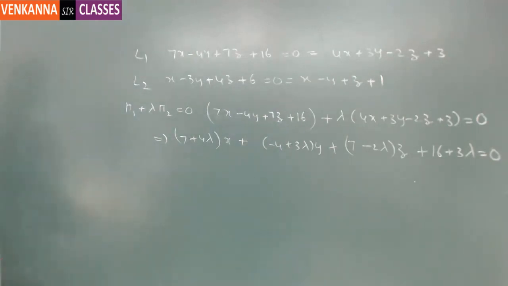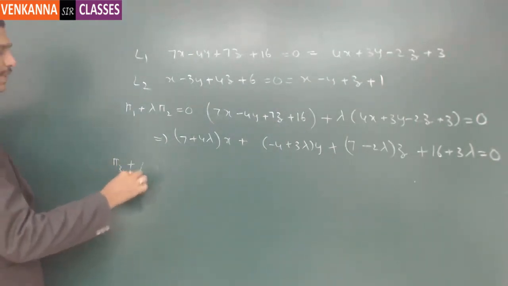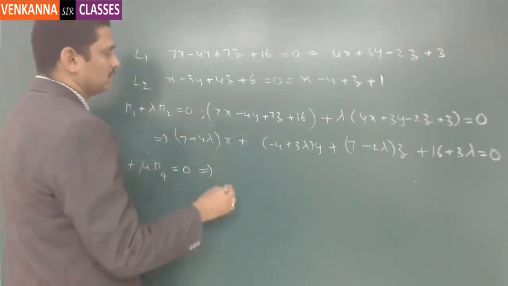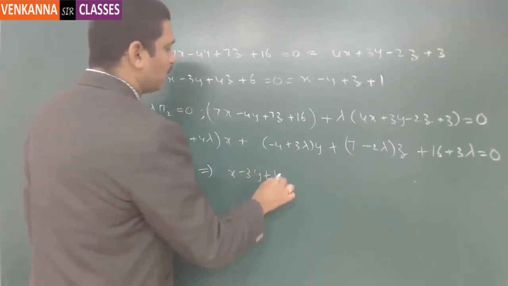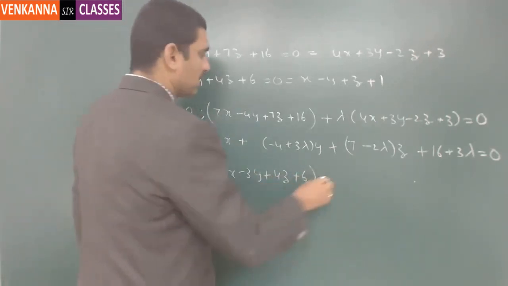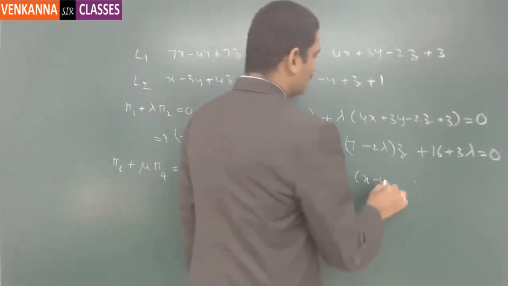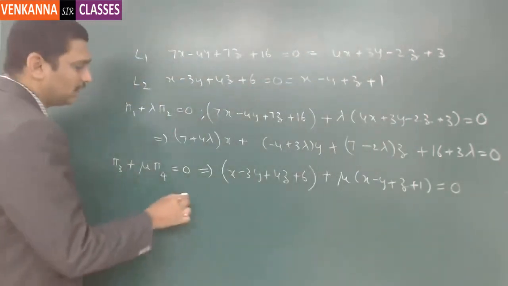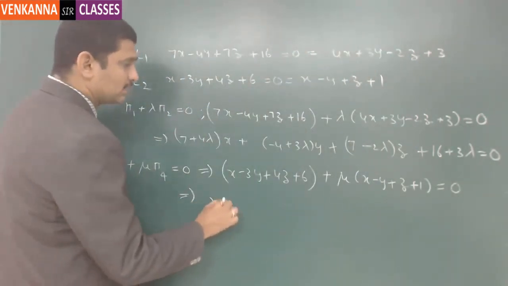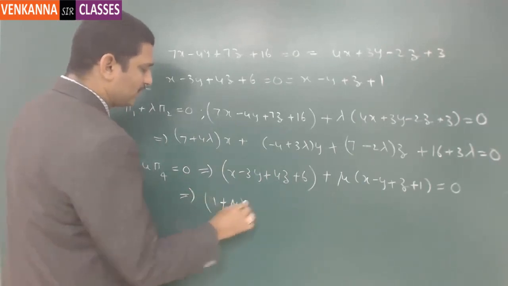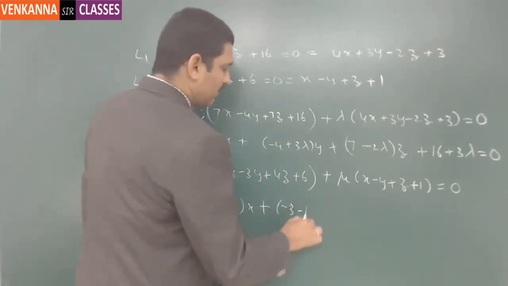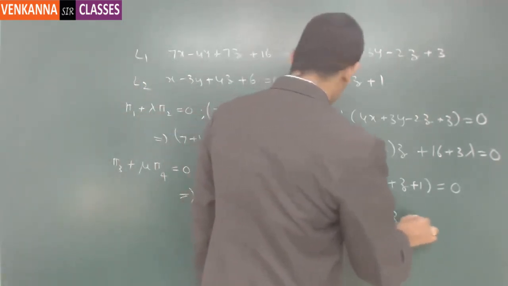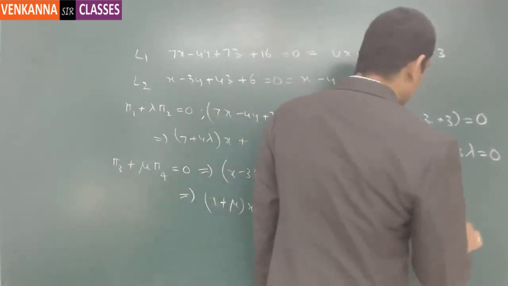So for the second line, we consider π3 + μπ4 = 0, which gives (x − 3y + 4z + 6) + μ(x − y + z + 1) = 0, which gives (1 + μ)x + (−3 − μ)y + (4 + μ)z + (6 + μ) = 0.